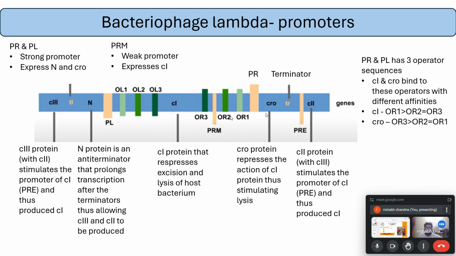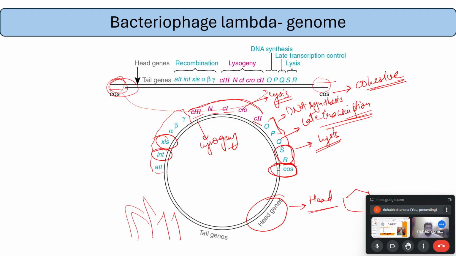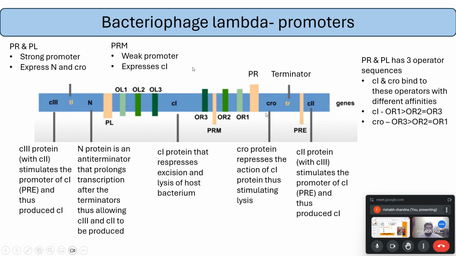Okay, so in the last slide, as we discussed, this is involved in lysogeny. So here is the only regulation or transcriptional switch present that helps the bacteriophage lambda to decide which cycle to follow, lysis or lysogeny. Okay, so starting with the rightmost gene, that is C2.